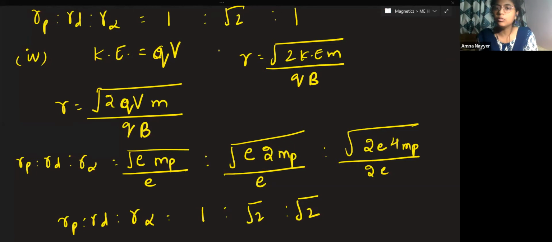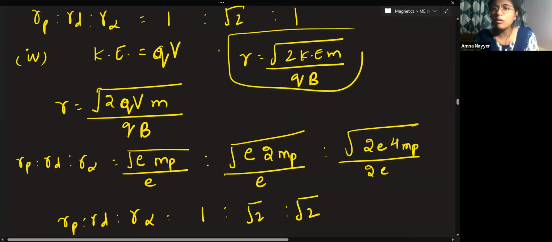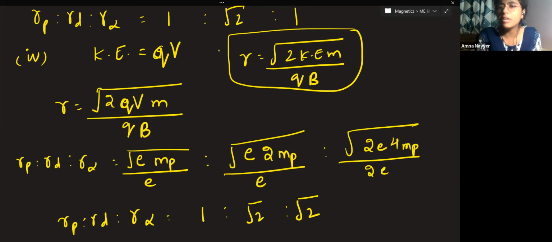So we knew this formula, but now we have no idea about kinetic energy. If we just leave it in terms of kinetic energy, what will happen? You have no idea whether kinetic energies are equal or unequal. In the previous part it was mentioned, but here you are not aware of it. So what did we do?